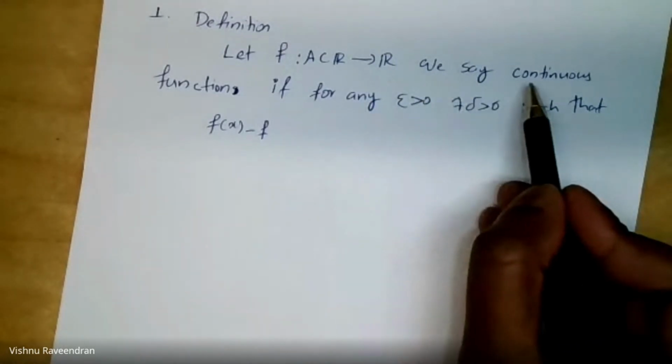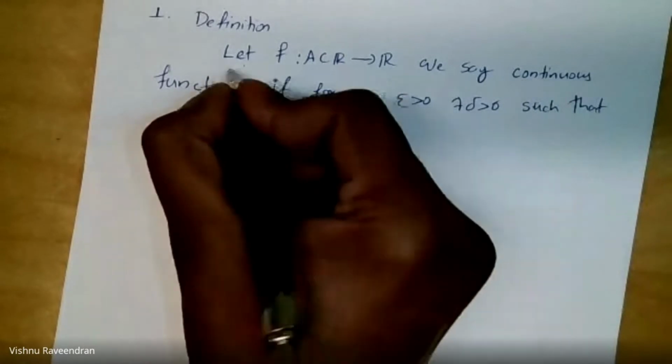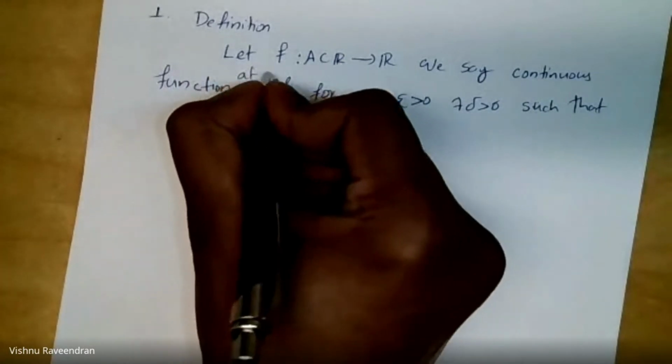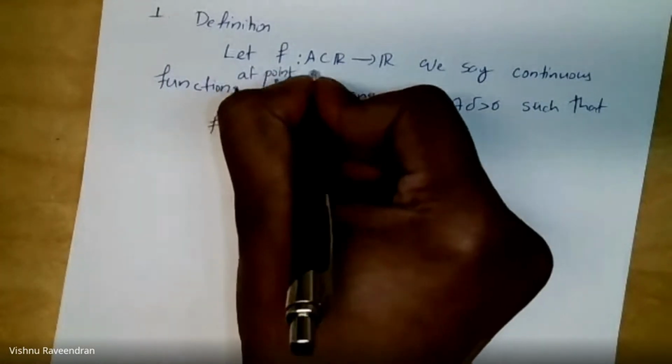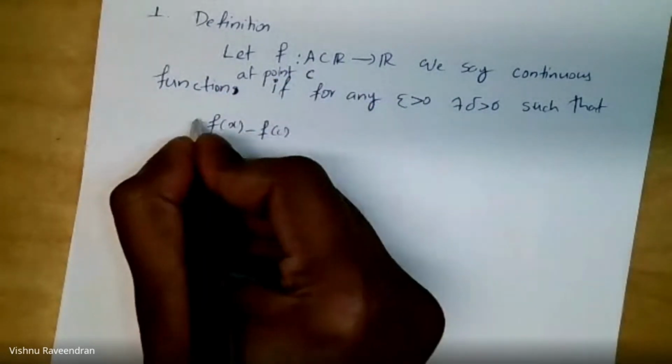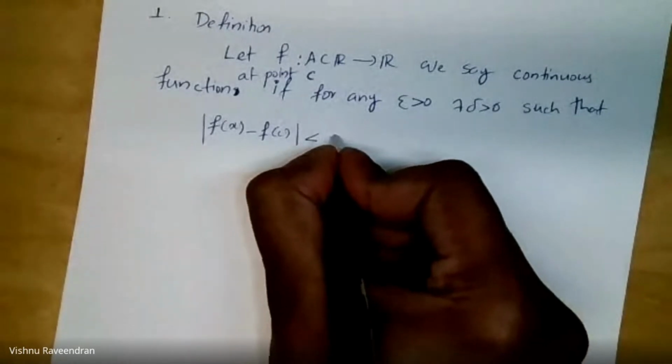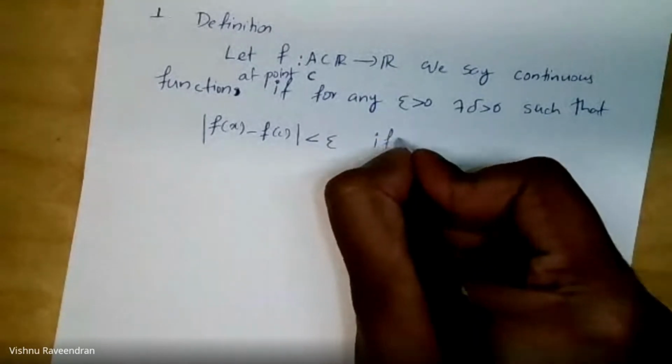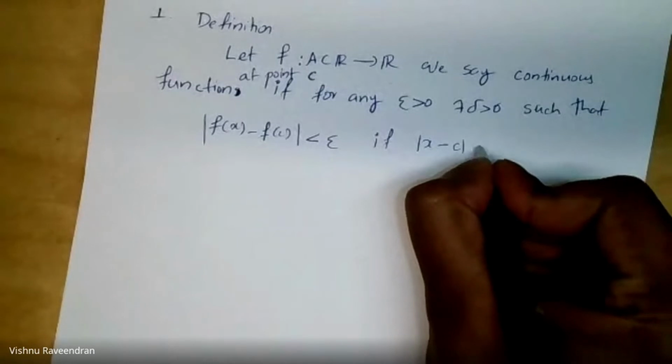We say f is continuous at point C if |f(x) - f(c)| < epsilon whenever |x - c| < delta.